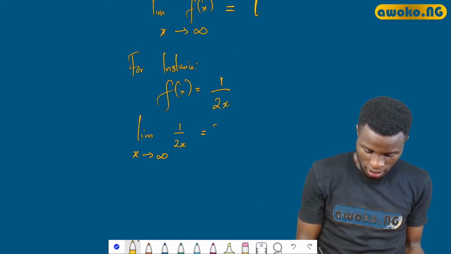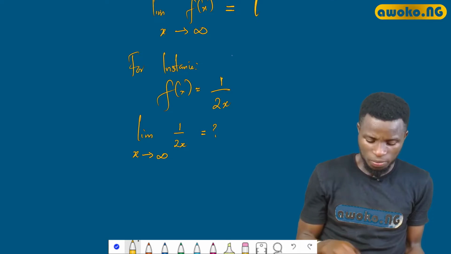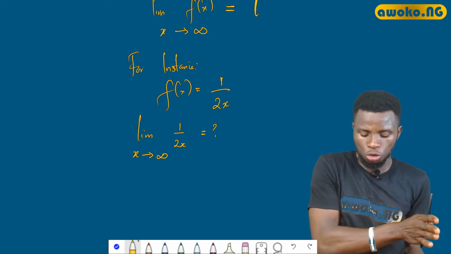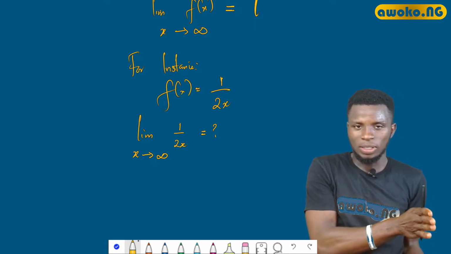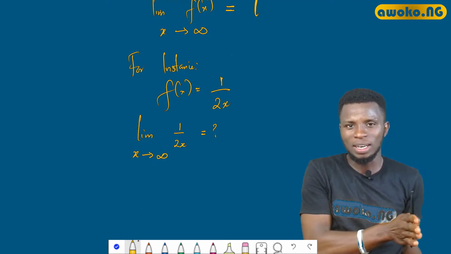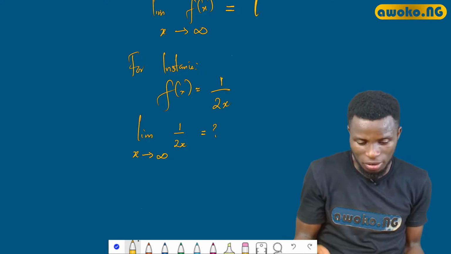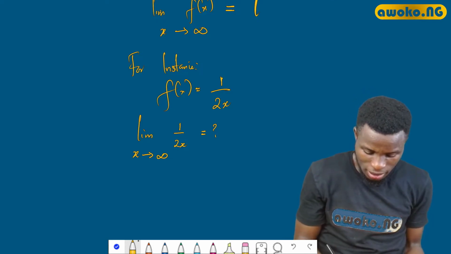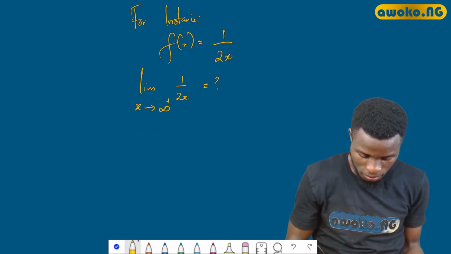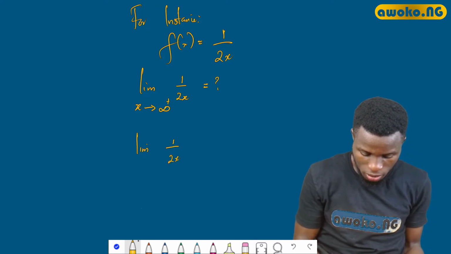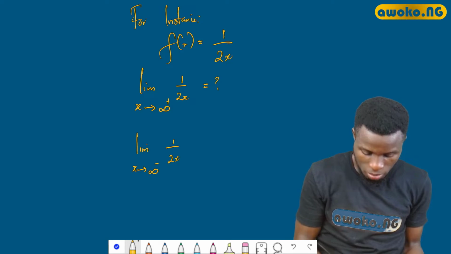It must be equal to a particular value. Now, since we said that we're going to use negative to show the limit approaching from the left and positive to show the limit that approaches from the right, we can say that this is plus and the limit of the function 1 over 2x as x approaches infinity from the left.